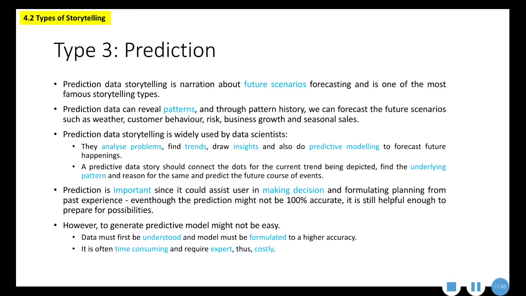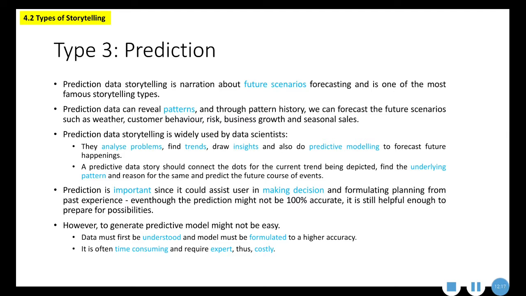So it helps them to forecast the profit they can make, and also to investigate how many resources they would need. So even though it is not 100% accurate, it is helpful to prepare for any possibilities.